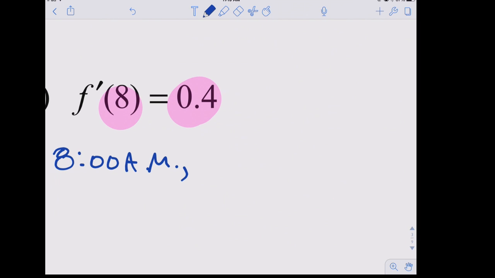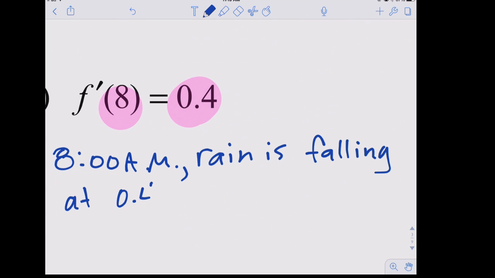The rate of rainfall is 0.4 inches per hour, or rain is falling at a rate of? What would you say, though? At 8 a.m., I like rain is falling at 0.4 inches per hour.